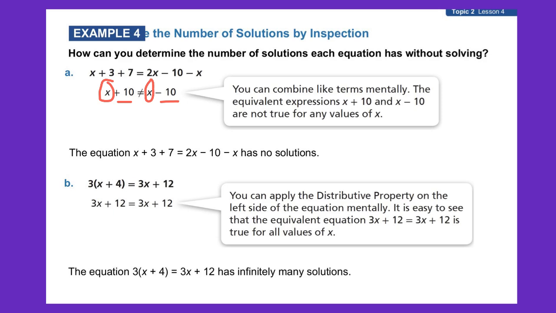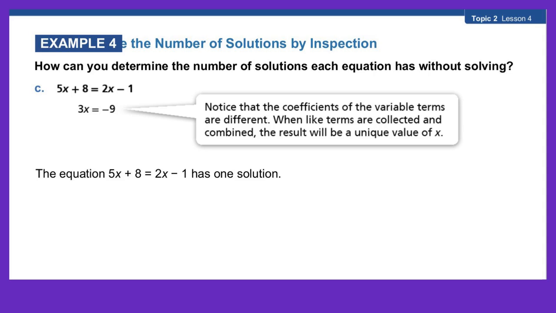And so this one has no solution. For B, they went ahead and did their distribution, 3 times x, 3 times 4. When they looked, it was identical. Both sides identical means I have an infinite number of solutions.